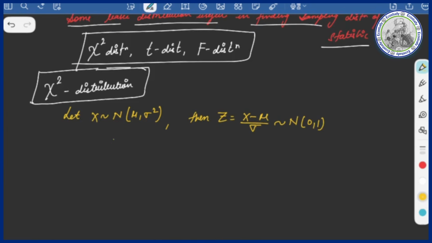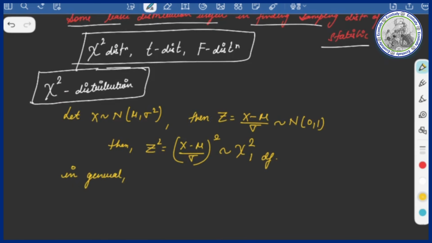Then Z square, that is (X minus mu upon sigma) square, will follow a chi-square distribution with 1 degree of freedom.